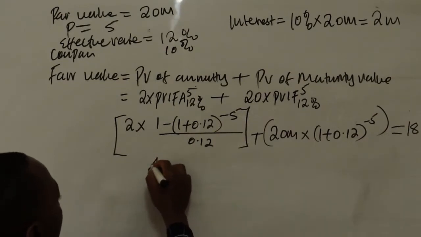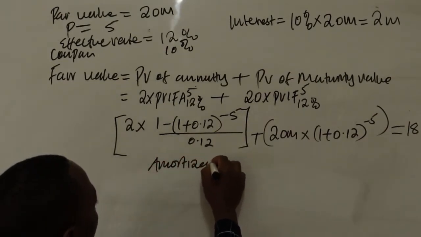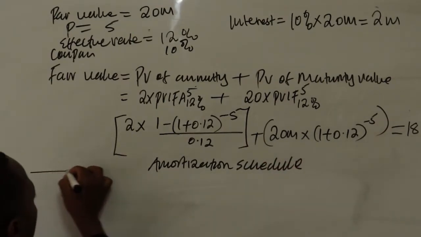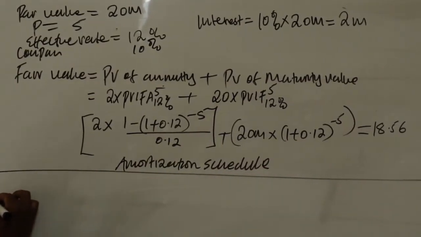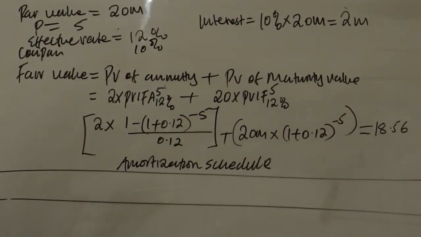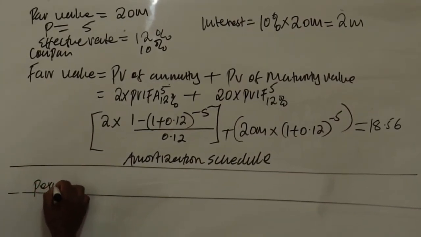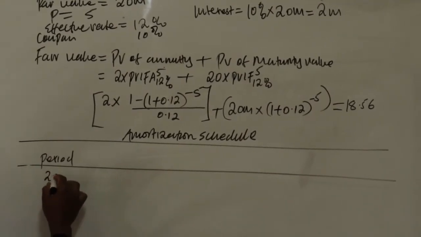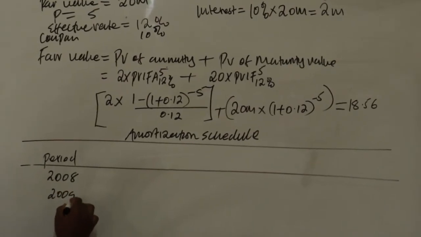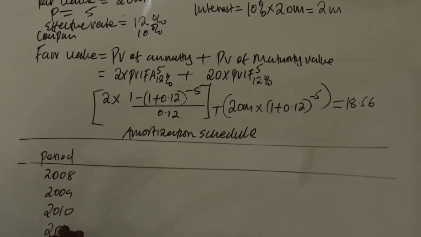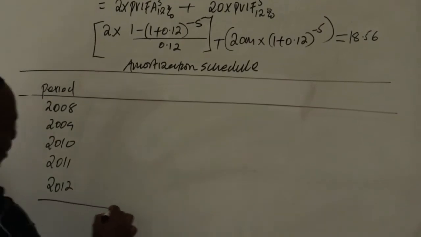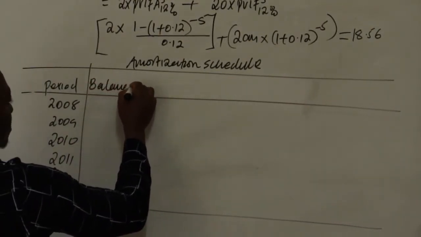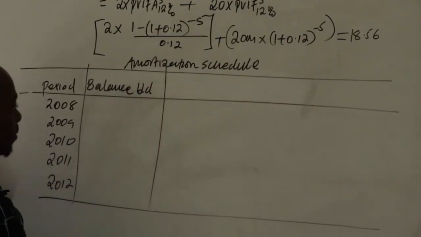So now let's amortize that. Now we can present the amortization schedule. So we have period, and it was issued in 2008 for the next 5 years. Then we have our balance brought down.